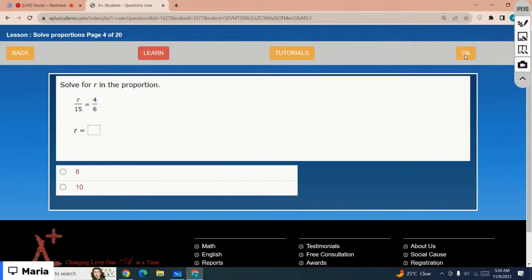Okay, the next one is r over 15 equals 4 over 6. So which is the correct option? The correct option is, very good, that would be 10.